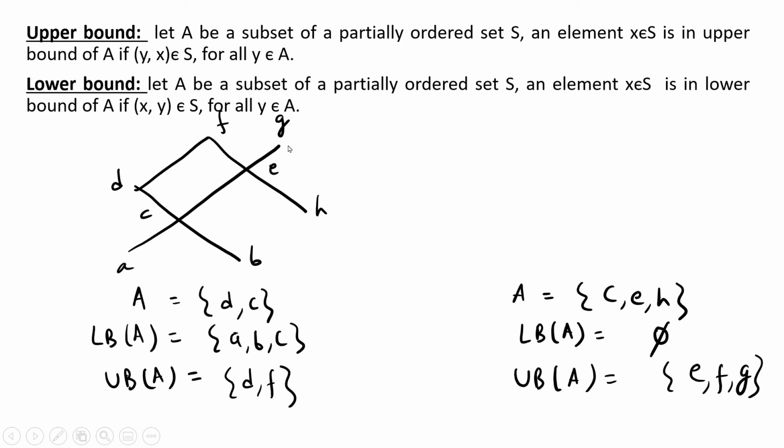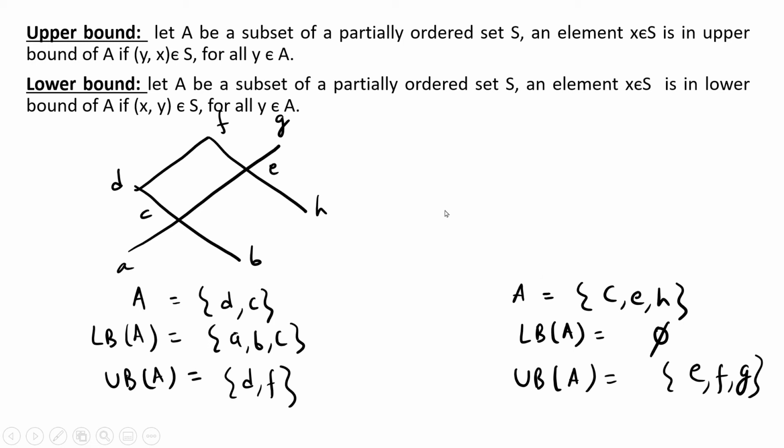Then check for G. C is related with G, E is related with G, H is related with G. So that's why G is an upper bound. Then E is related with F and E is related with G. C is related with E and H is related with E and E is related with itself because it's a reflexive relation also. So that's why E is an upper bound also. So E, F and G.